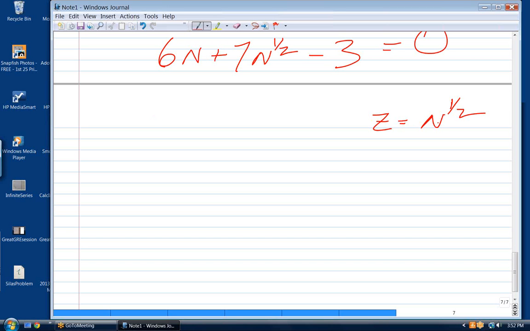So if z equals n to the 1/2, how can I write 6n? 6z squared. Plus what?